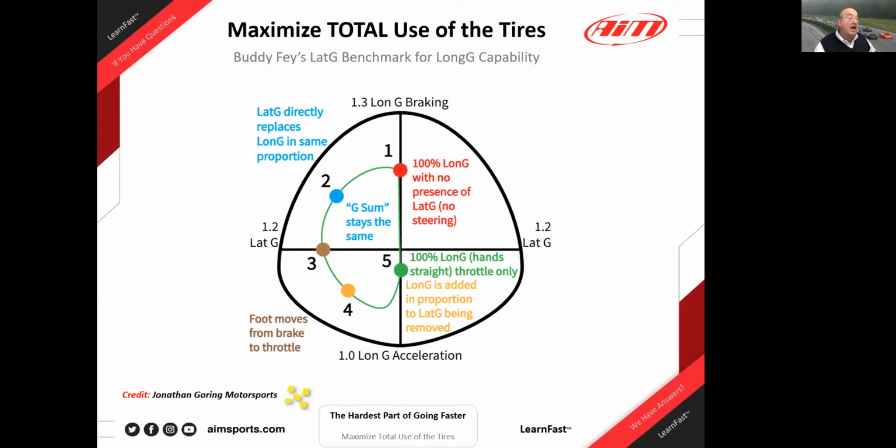Then if you're on slicks, without aero, without the introduction of additional aerodynamic force pushing the platform down to the ground, it should be close to 100%. So 95 to 100% is the goal. So the numbers should be similar. If the numbers are not similar, there's a problem.